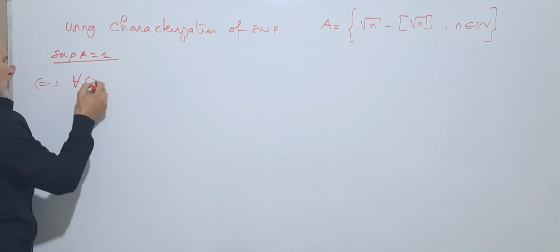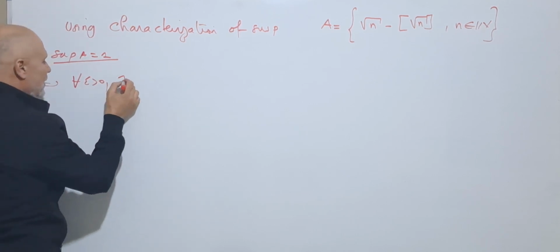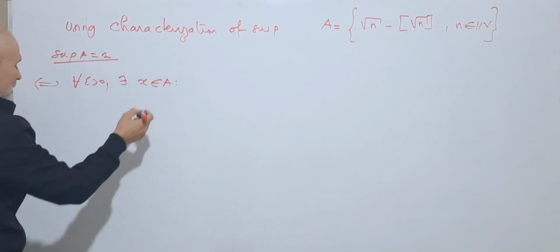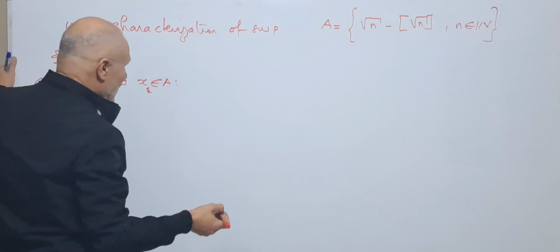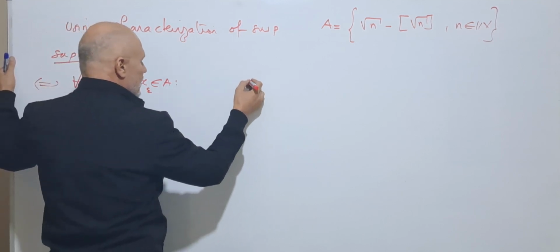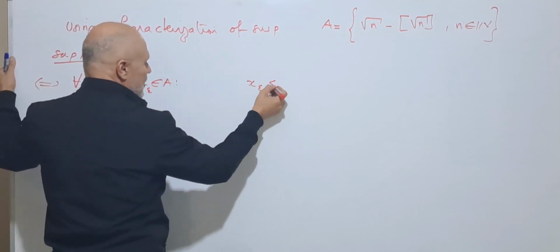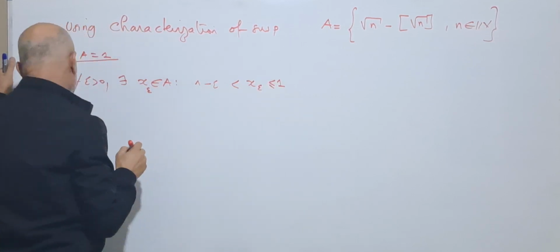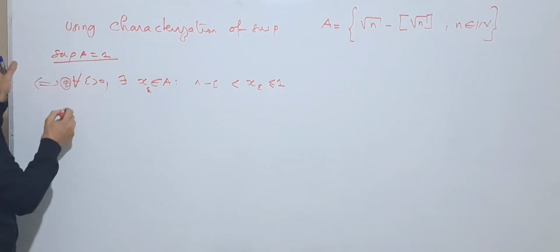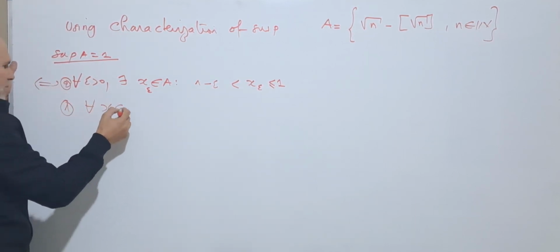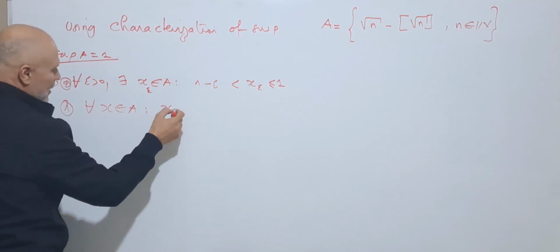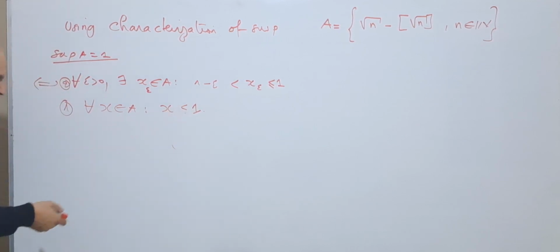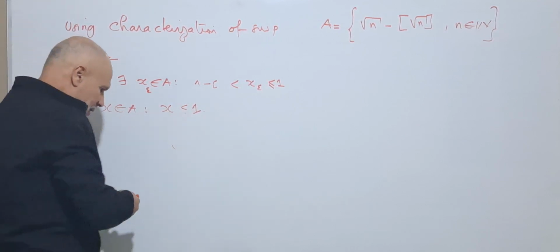For all epsilon greater than 0, can we find x epsilon from A such that x epsilon is less than or equal to 1 and strictly greater than 1 minus epsilon? This is the second condition. And the first condition: for all x in A, we saw that x is strictly less than 1, so we can take less than or equal to 1.